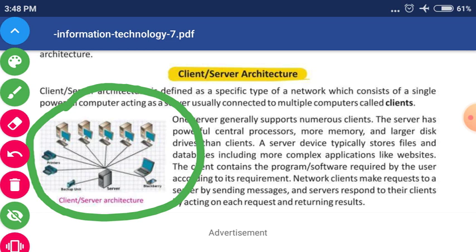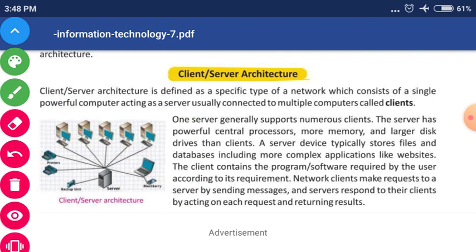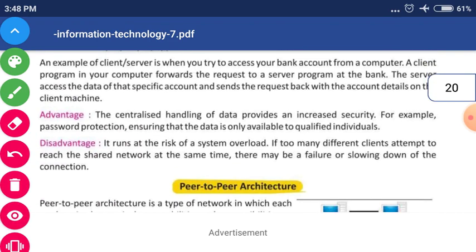A server is nothing but a very powerful computer, and the remaining computers are connected with the help of the server so that they can communicate or transfer information to and fro. Okay students, this is the architecture of client server architecture.